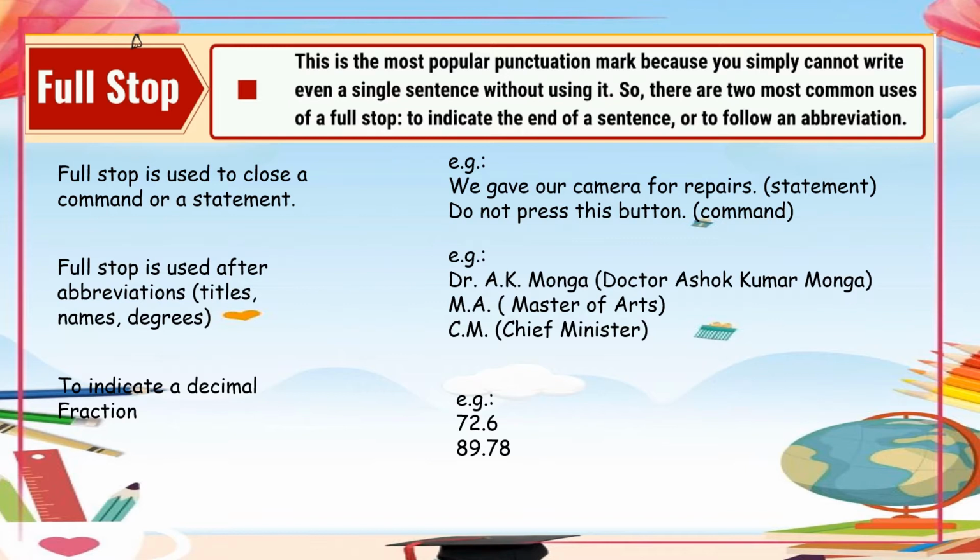Suppose MA, that is Master of Arts. People often write M.A. They don't write it in full as Master of Arts. They cut short in abbreviation format as M.A. C.M., Chief Minister. To indicate a decimal fraction, often we use it in marks like 72.6, 89.78. This point is nothing but our full stop.